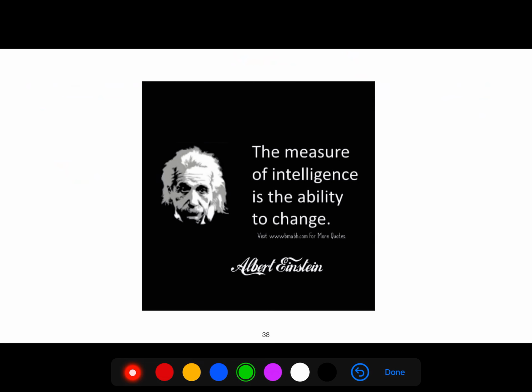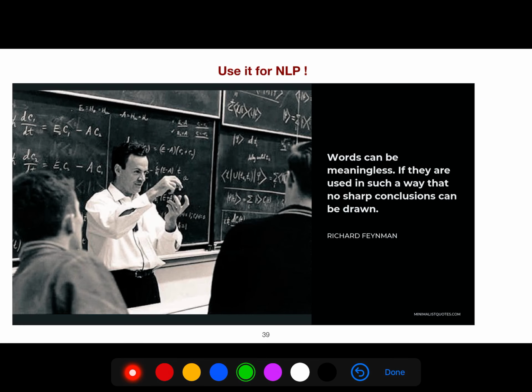The measure of intelligence is the ability to change. Words can be meaningless if they are used in such a way that no sharp conclusions can be drawn. When I first read this sentence, I wrote an article about my new word-to-vector embedding, because I used the concept, and it is accepted in America, but I don't have time to go there.